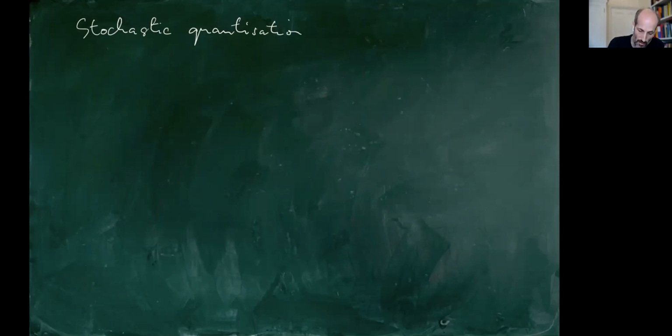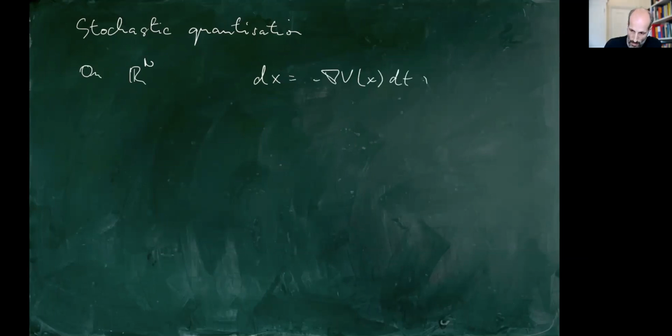And so here the starting point is just the silly observation that on R^N, if you look at the SDE dx equals minus gradient V of x dt plus dw, that one has invariant measure e to the minus 2 V of x dx.